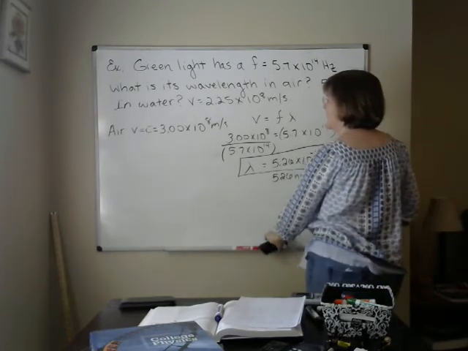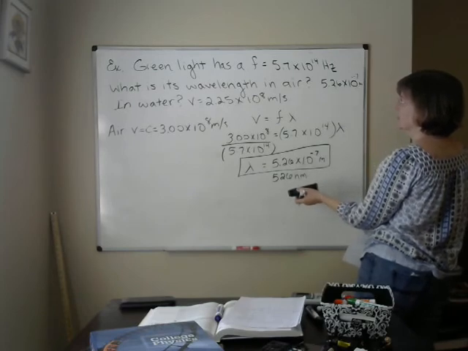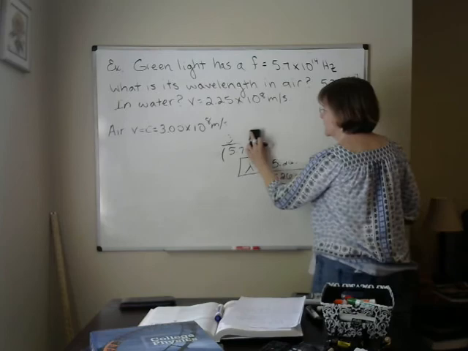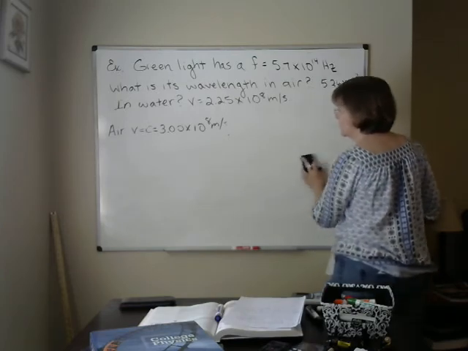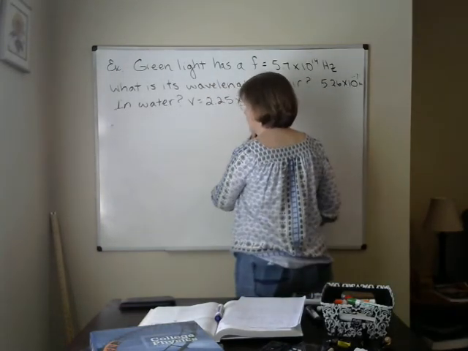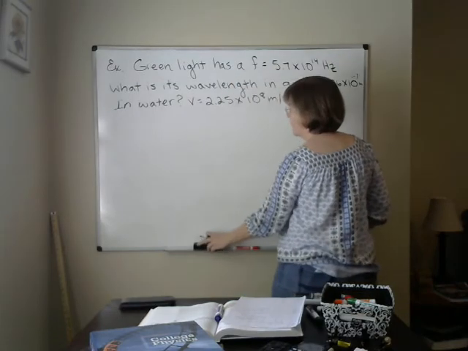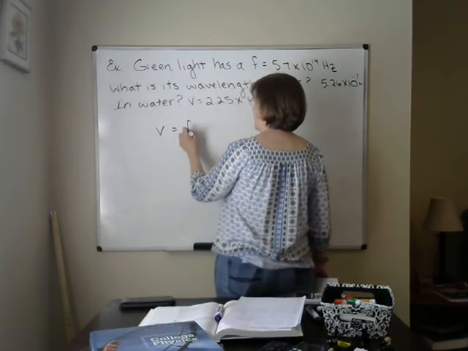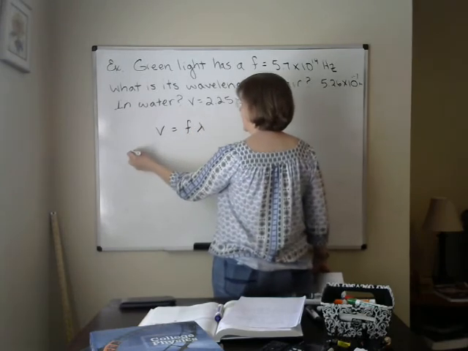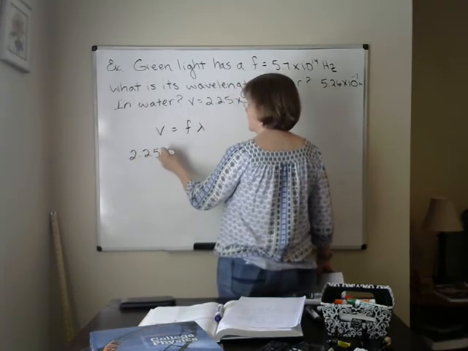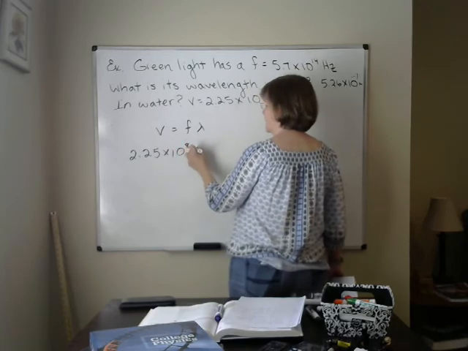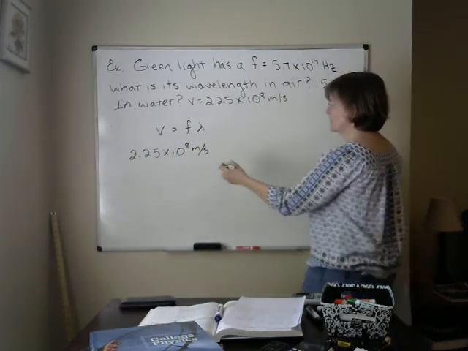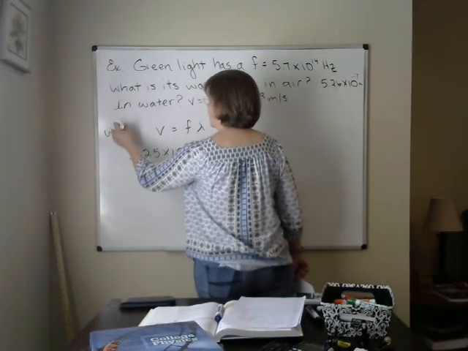Now, when it travels in water, I think that wavelength's going to get smaller. It's going to slow down. So let's see what happens in water. For water, we use v equals f lambda. Only now the speed is 2.25 times 10 to the 8th meters per second. That's how fast it travels in the water. So we're doing water this time.